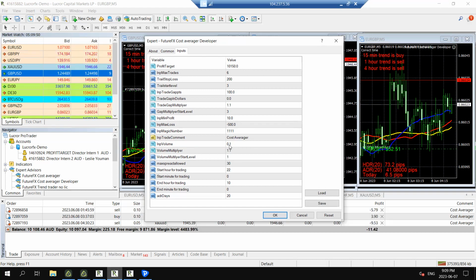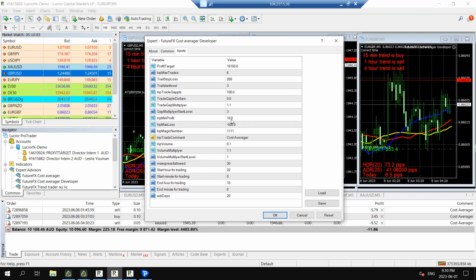So if you're using the minimum lot size of 0.01, then you should only be aiming for a minimum profit of $1 per trade or trade group. You can aim for a little bit more, you can aim for a little bit less, but I've always found either this or a little bit less is the sweet spot for this software.